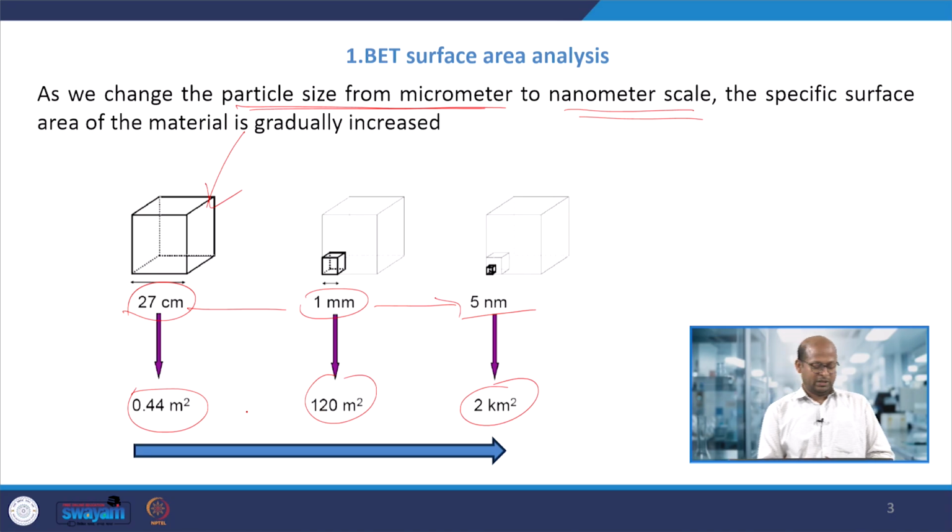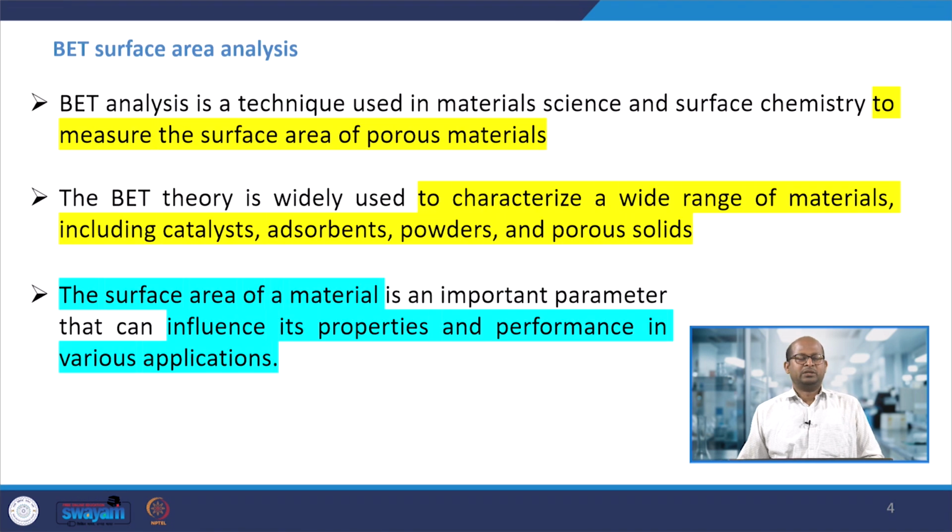From here the surface area was very low, and here we can get extremely high surface area. Once the material changes from micrometer or meter to nanometer range, the surface area will of course gradually increase.